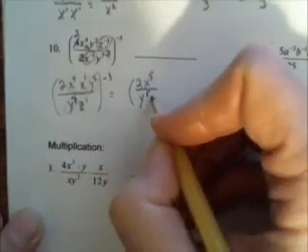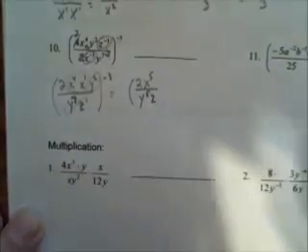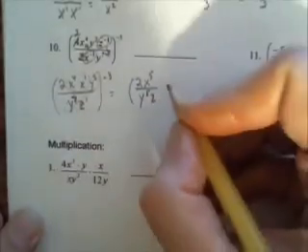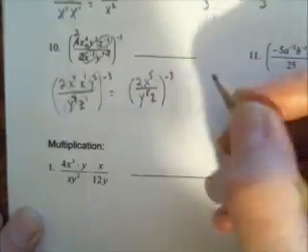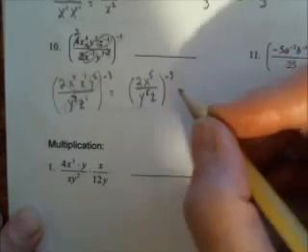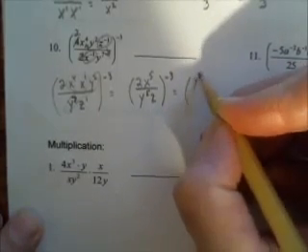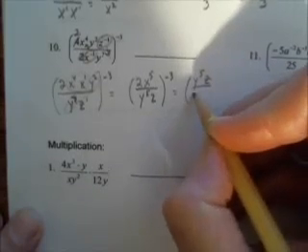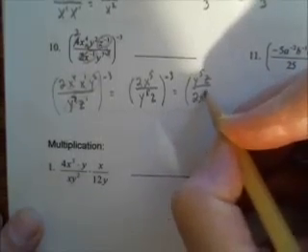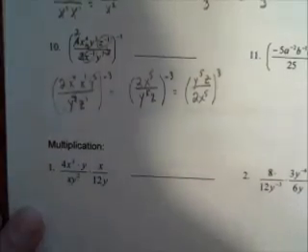And then this z to the 1st just stays a z in the bottom. And I think we've taken care of everything inside parentheses, but we still have to raise it to the -3 power. So at this point, we can flip the fraction upside down and have a y to the 5th on the top, a z on the top, and a 2x to the 5th in the bottom, and change the -3 to a +3.